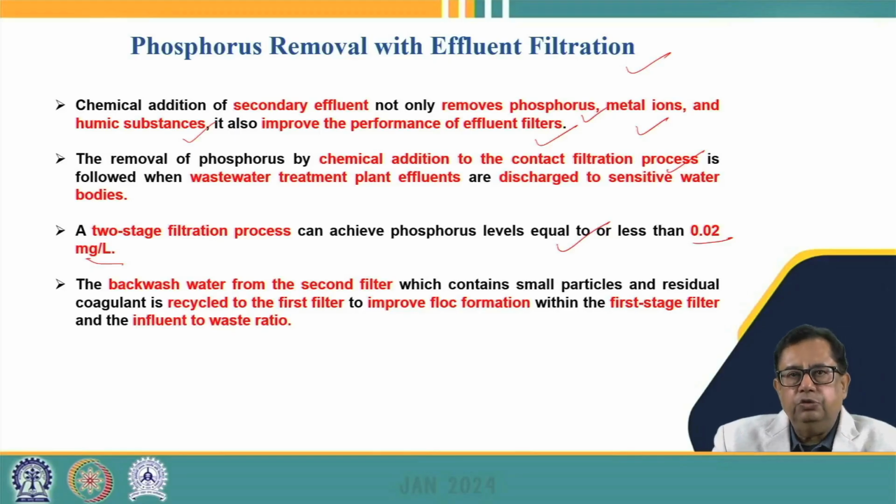When we are using two-stage filtration, the backwash water from the second filter is taken back to the first filter, where it enhances the flock formation and also enhances the influent to waste ratio. So the efficiency of the filters for the removal of the phosphate is enhanced in such a case.